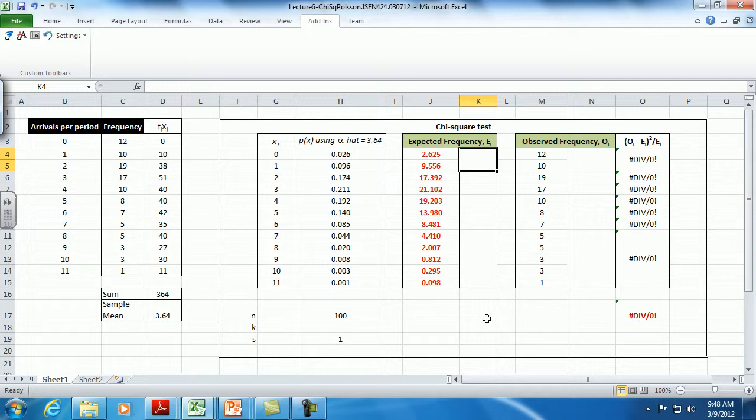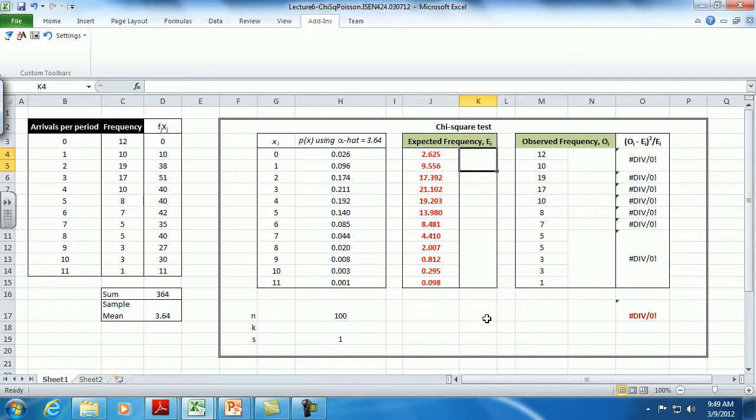So if you look at the first random variable, you notice that that value, 2.62, is less than 5. So in such cases, you need to combine that cell with the next adjacent cell in order to satisfy the condition of having at least 5 observations in your class interval.